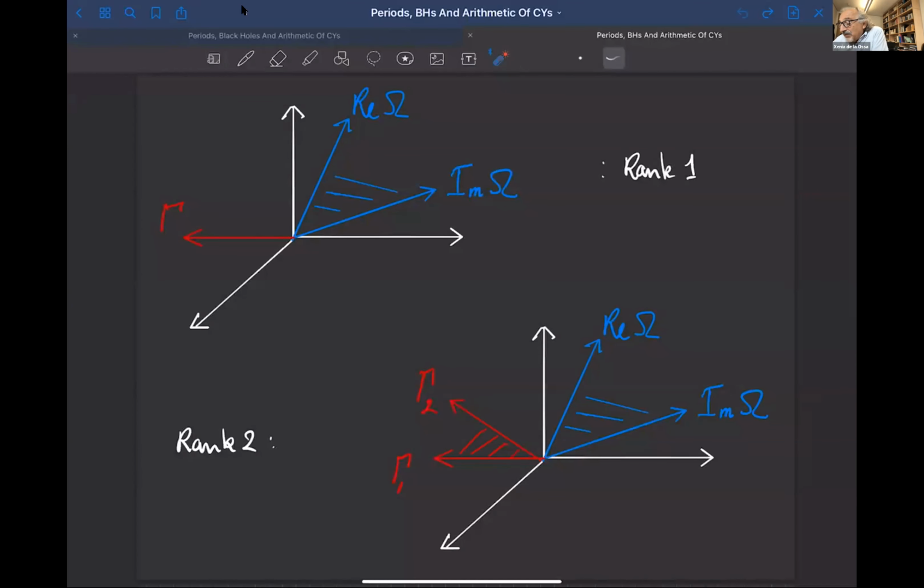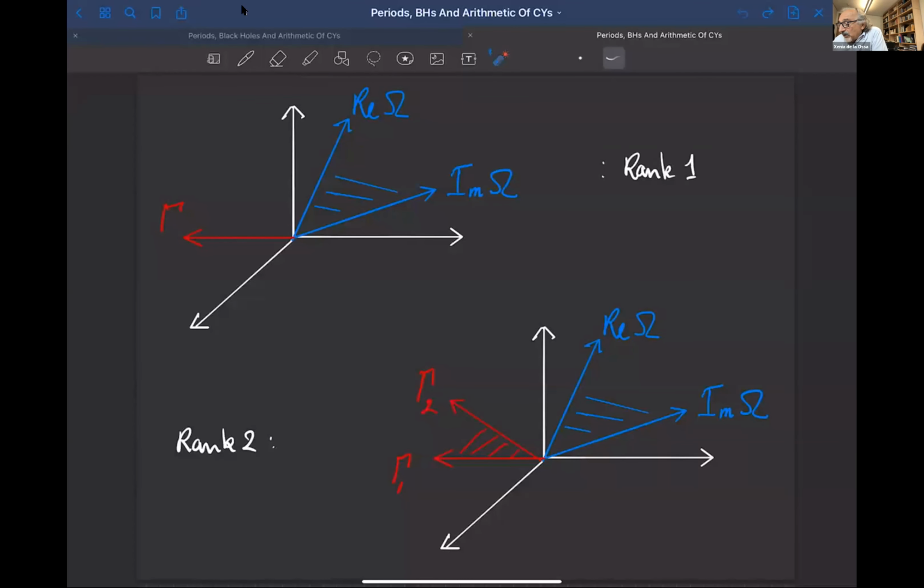Now, it can happen that an even more improbable circumstance arises, something in fact that I think you would never believe happened, but it does happen, and that is that there could be two charge vectors, gamma 1 and gamma 2, such that for a certain value of phi, this blue plane contains both of them.